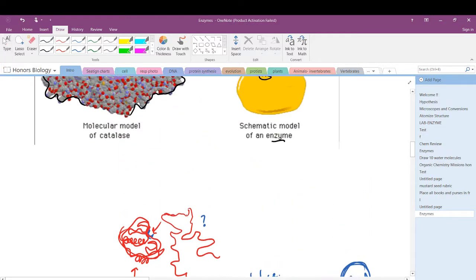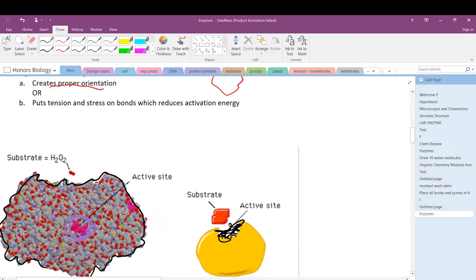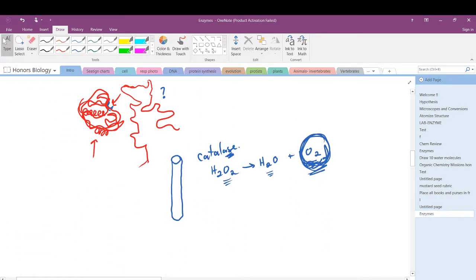And I want you to really hone in on that fact of, if this active site no longer exists, then the substrates can't bond to it. And if the substrates can't bond to it, you're not going to see the reaction go through. And to go back to ours, if there's no oxygen being produced, then we know that the reaction didn't happen.